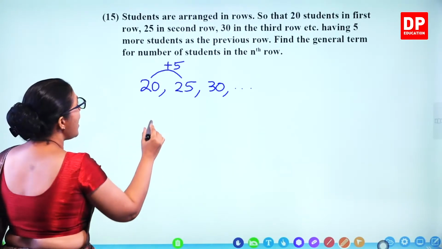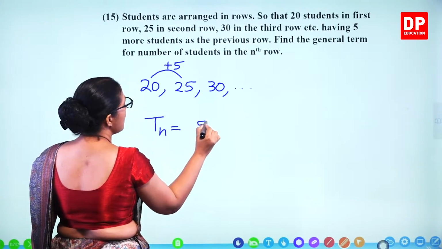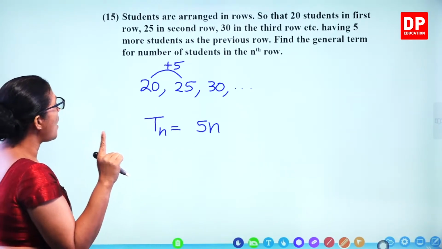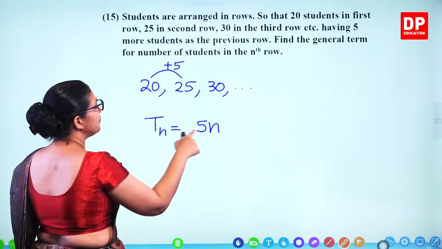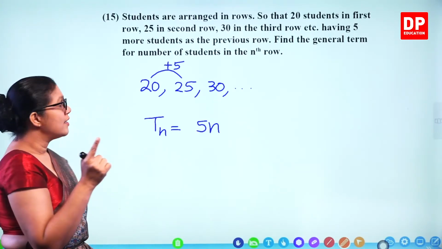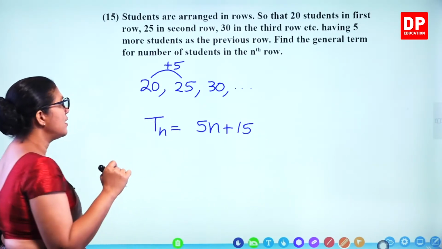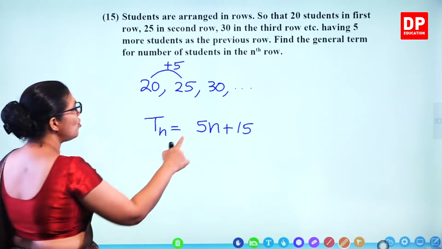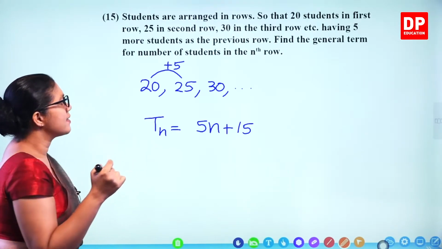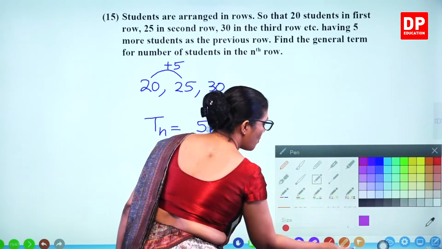So your nth term, Tn, is something related to 5n. Now when you take the first term, n equals 1, you get 5 here. But the first term is 20. So 5 plus 15, you get 20. Now check with n equals 2. 2 times 5, 10. 10 plus 15, 25. So the nth term is 5n plus 15. So 2 marks.